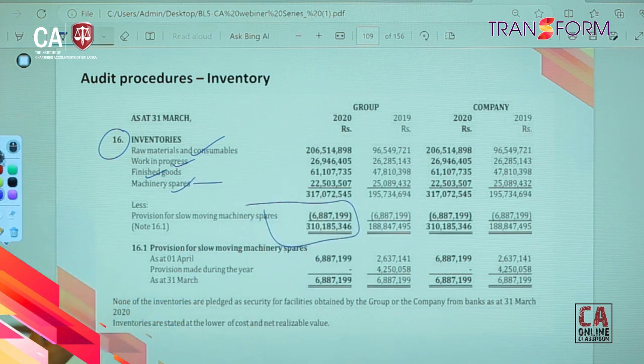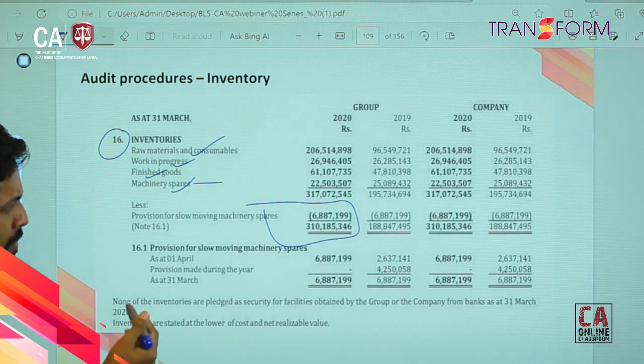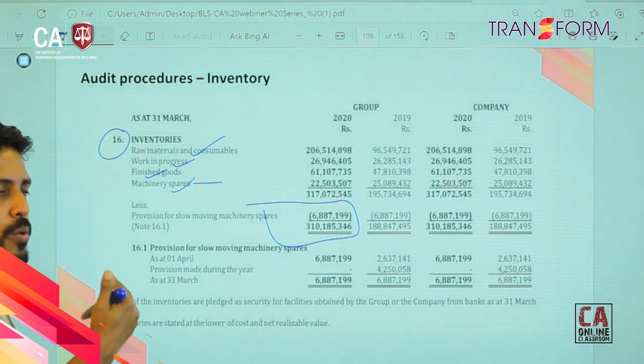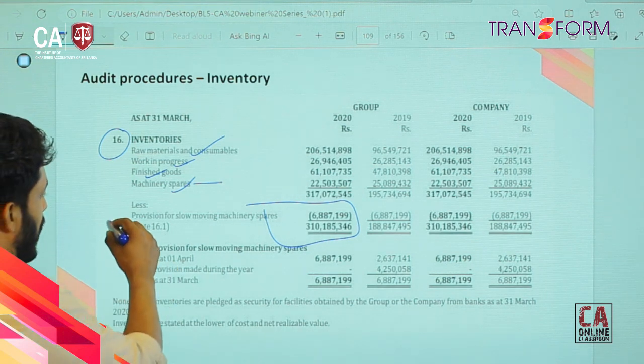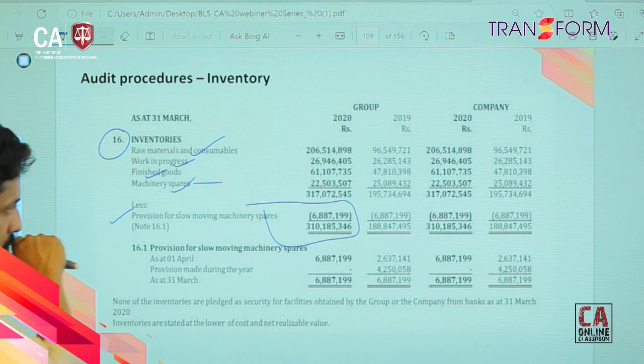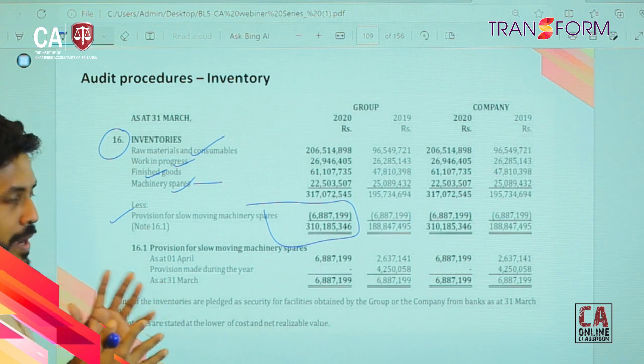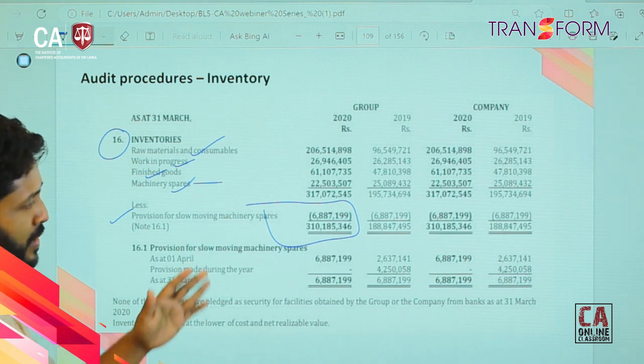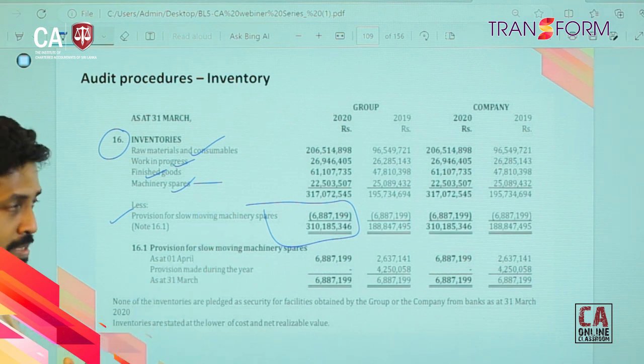Why we are having inventory provision? Because some of the inventory items may be obsolete inventory or expired. So then very recently these items are getting expired. So then we are supposed to make a provision.